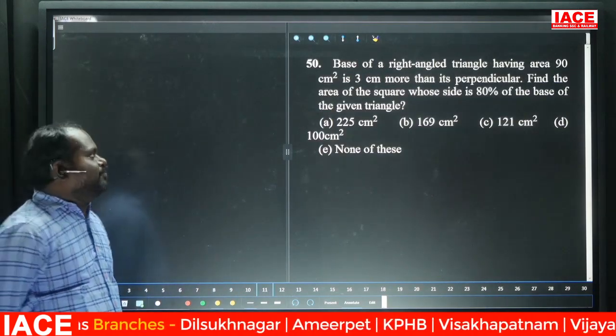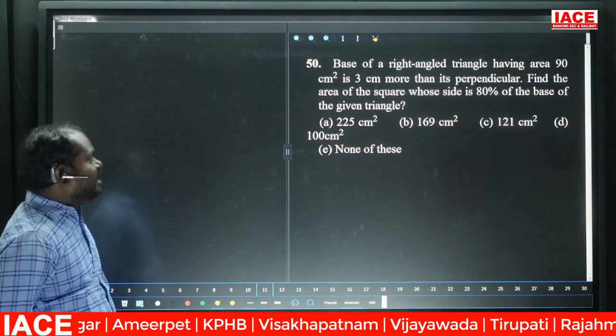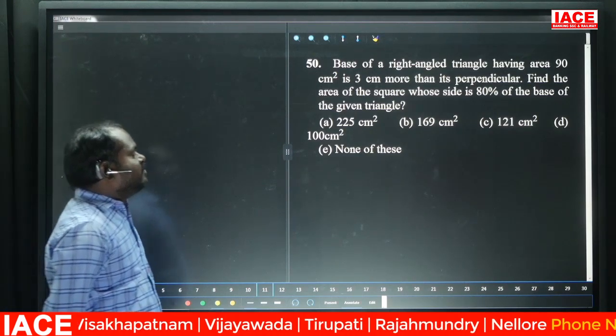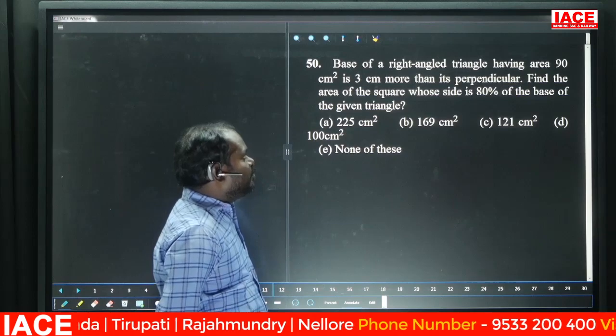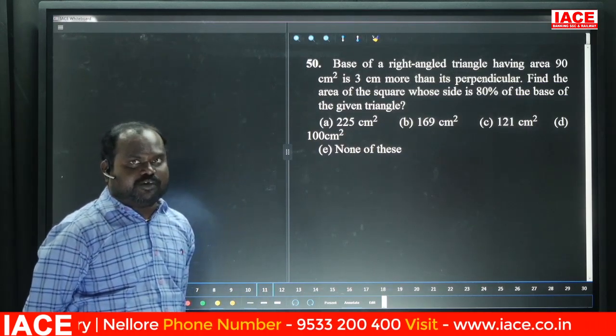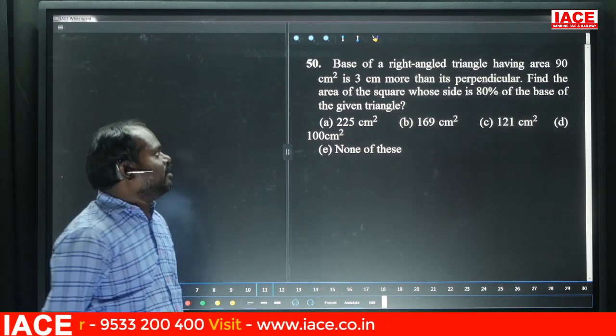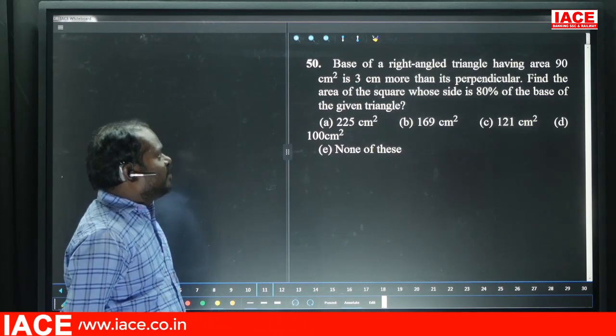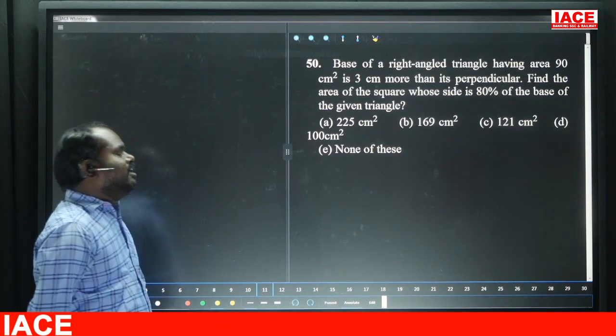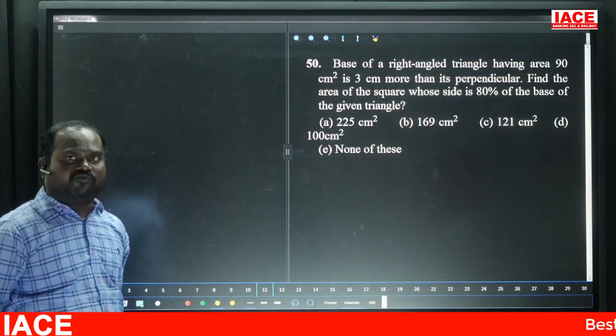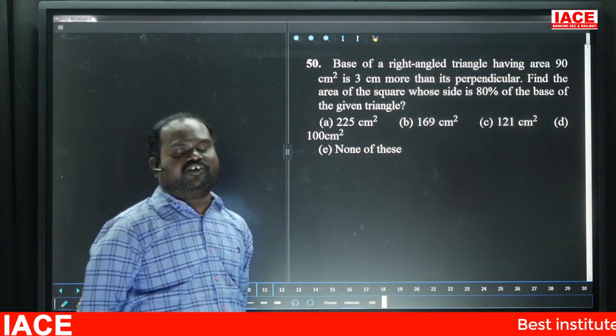50. Base of the right angle triangle having area of 90 is 3 centimeters more than its perpendicular. Find the area of the square whose side is 80% of the base of the given triangle. Area of triangle is half into base into height.